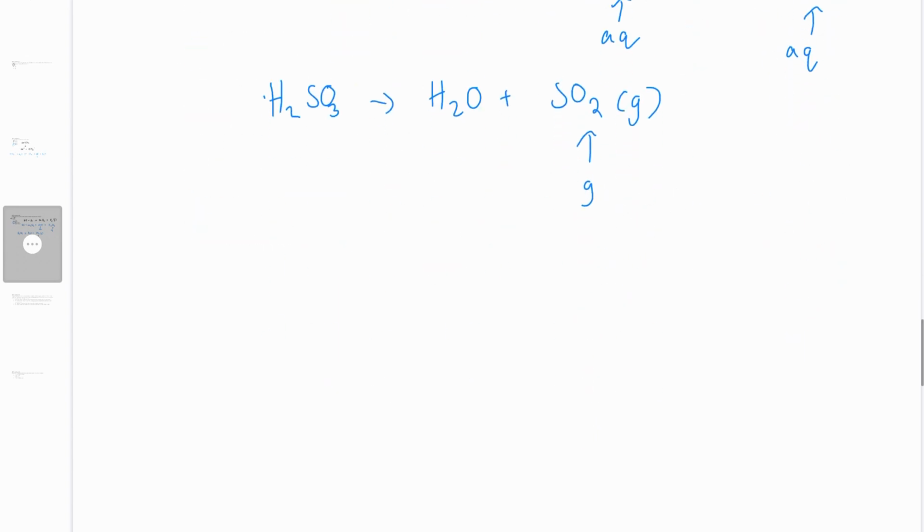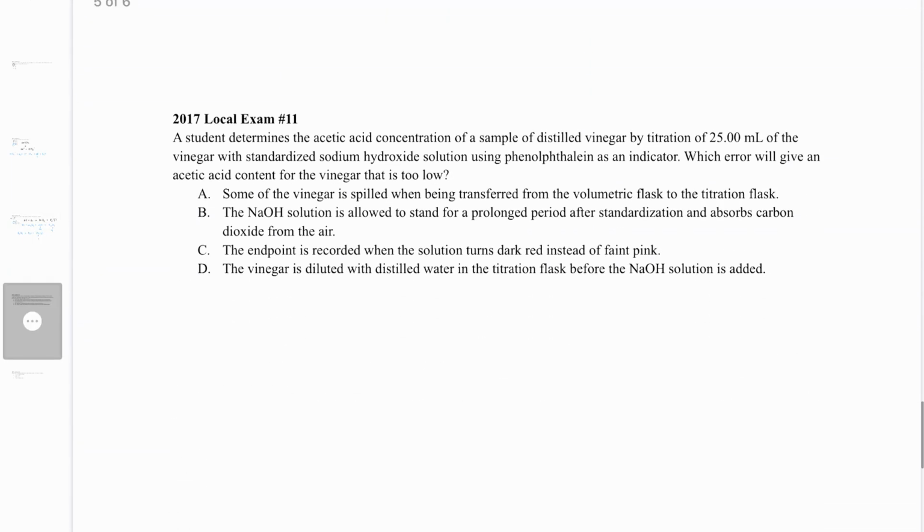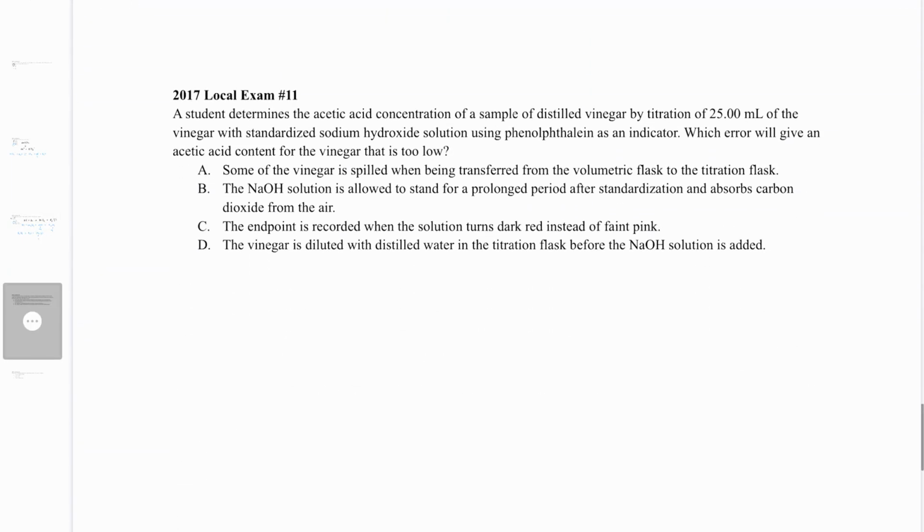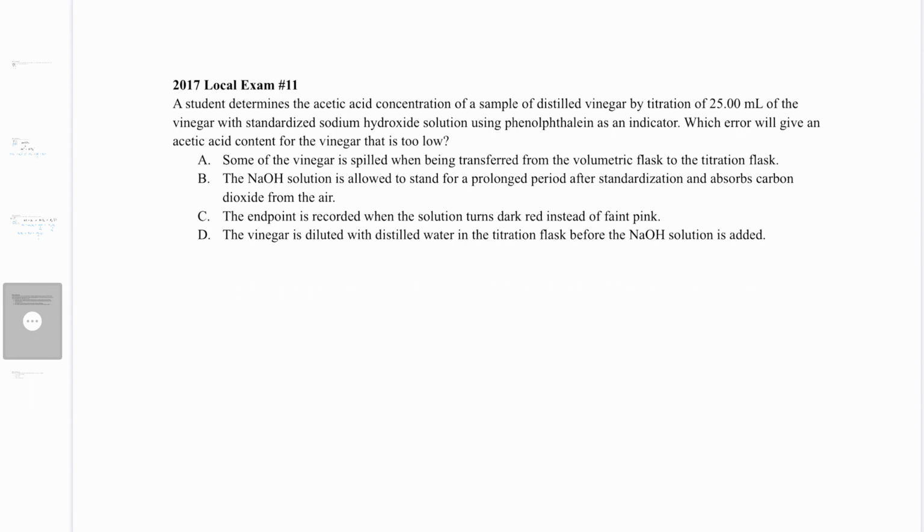All right, let's go to question 11. A student determines the acetic acid concentration of a sample of distilled vinegar by titration of 25 ml of the vinegar with standardized sodium hydroxide solution using phenolphthalein as an indicator. Which error will give an acetic acid content for the vinegar that is too low? All right, let's go through the answers.